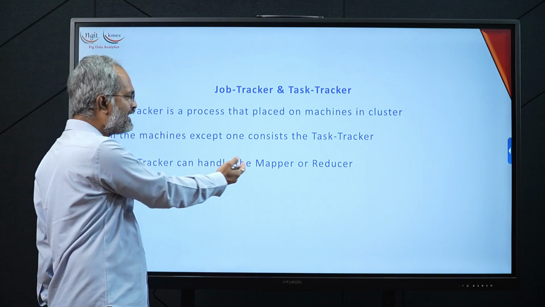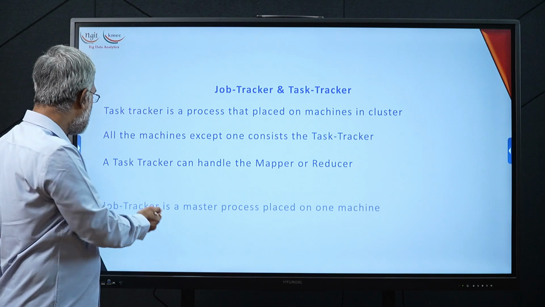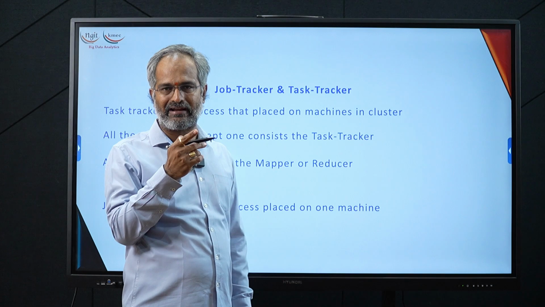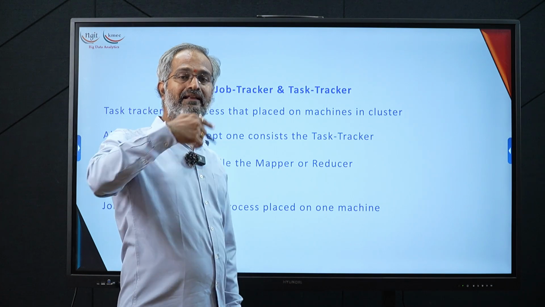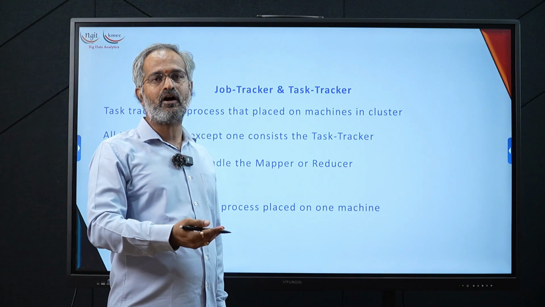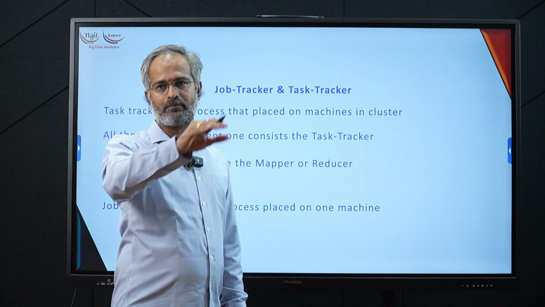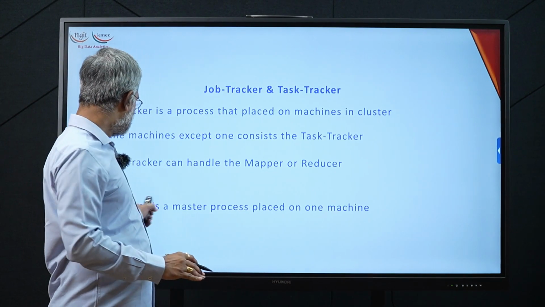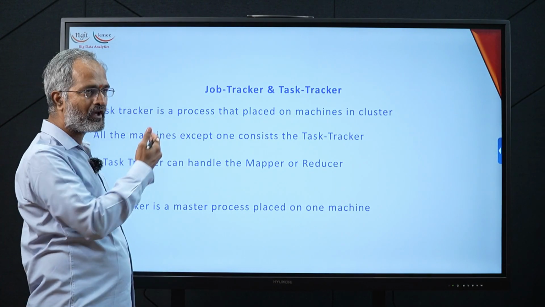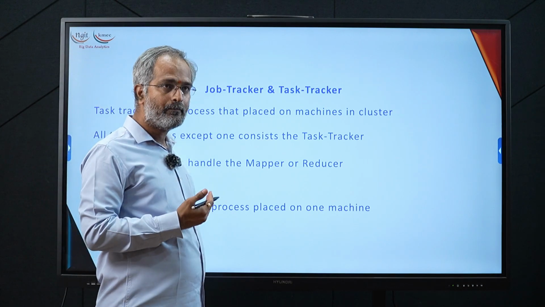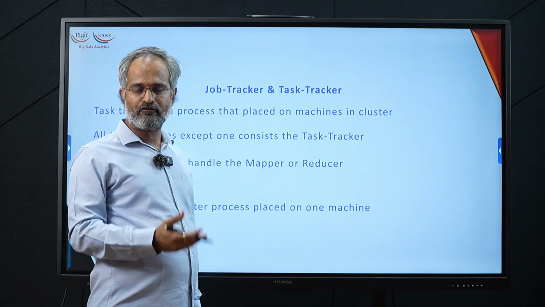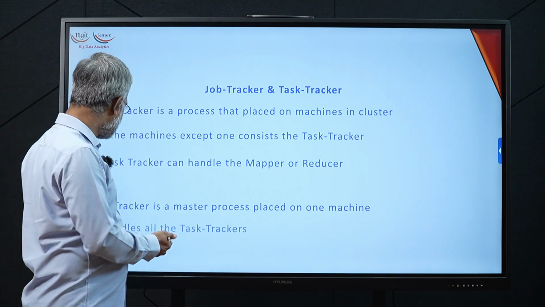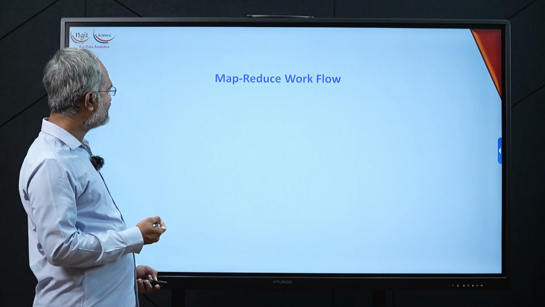The task tracker can handle either mapper or reducer, and the job tracker is the master process which can control these task trackers, meaning that it can instruct them, and whatever operations are performed in the task trackers, everything is taken care of by the job tracker. These two are the major process control components in the MapReduce concept.